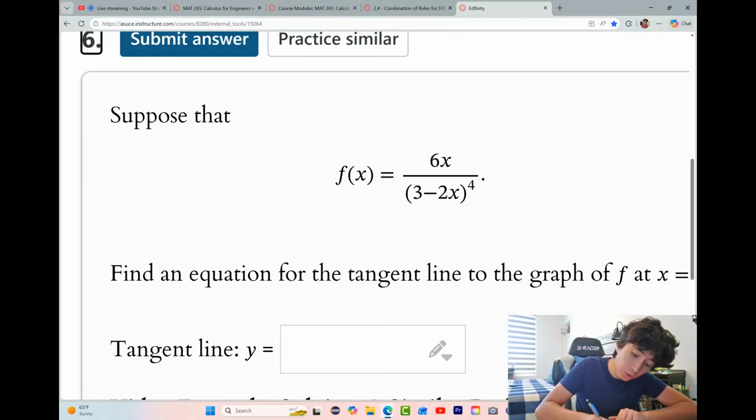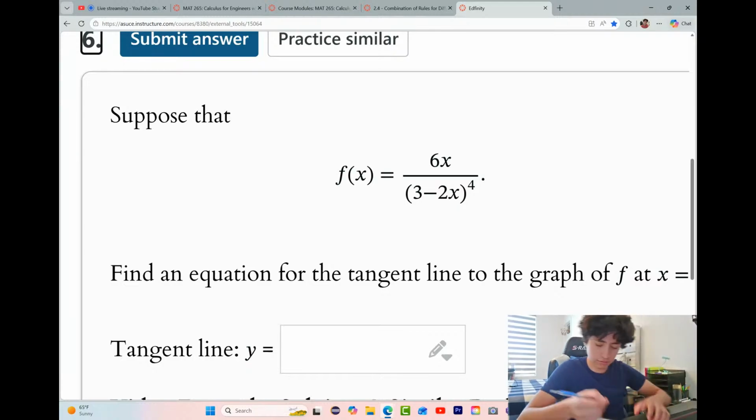All of that is over the denominator squared, which is simply (3 minus 2x) to the power of 8. Yeah, 4 times 2 is 8. Perfect.